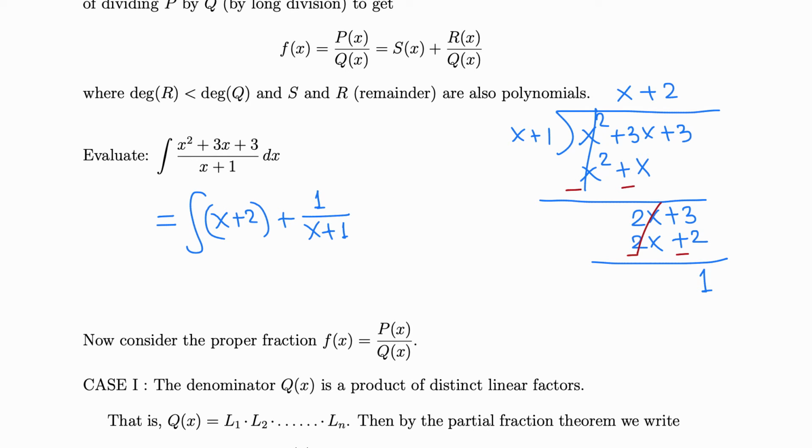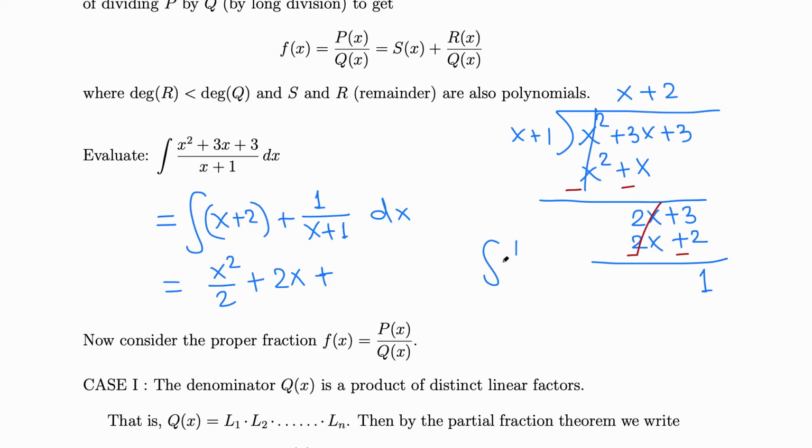Okay, let me change the color. Now we take the antiderivative. Antiderivative of x is x squared over 2, plus the antiderivative of 2, which is 2x, plus, now we got a fraction, but this is simple.